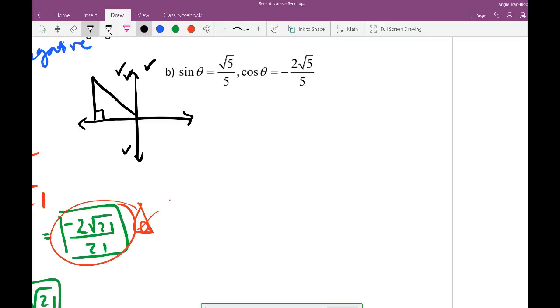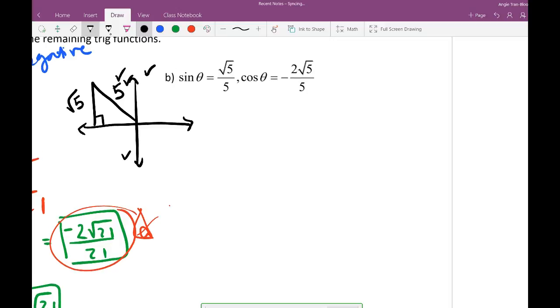Opposite leg. What should I write for the opposite leg? Rad 5. What should we write for the hypotenuse? 5. Cautiously, what should we write for the adjacent leg?